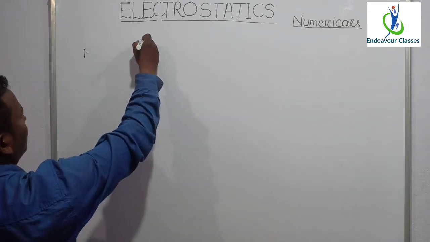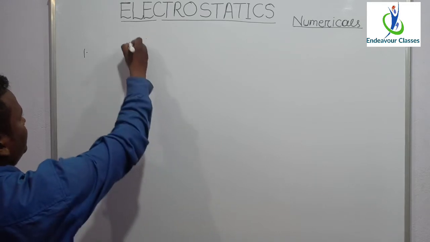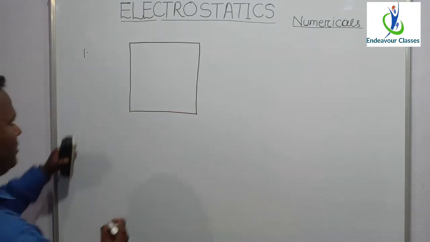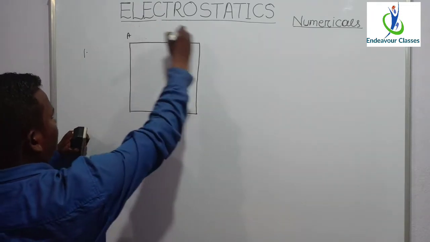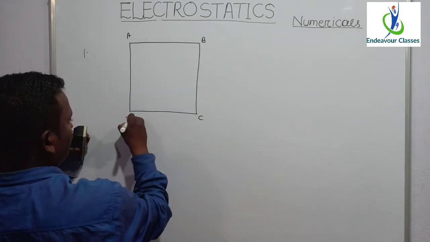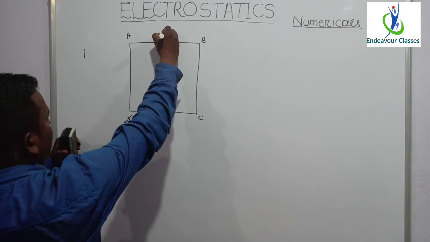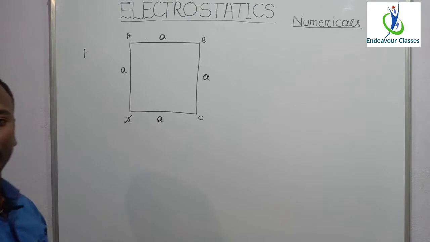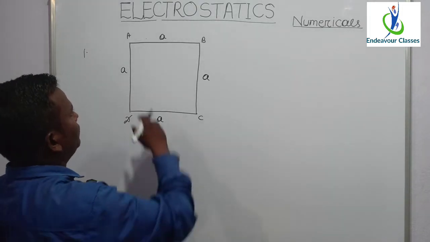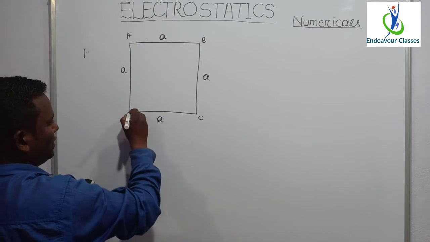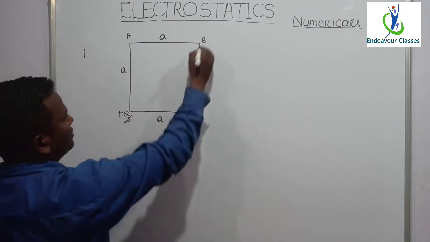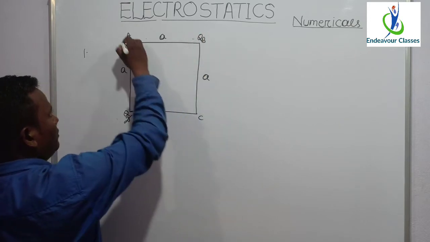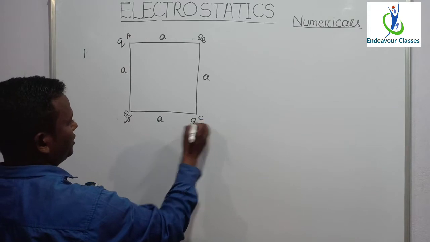So here we have the same square, and we are given that the square is ABCD and each side of the square has a length A. We are given that two corners of the square have a charge of plus Q and Q, and the remaining 2 corners have a charge of small q and small q.